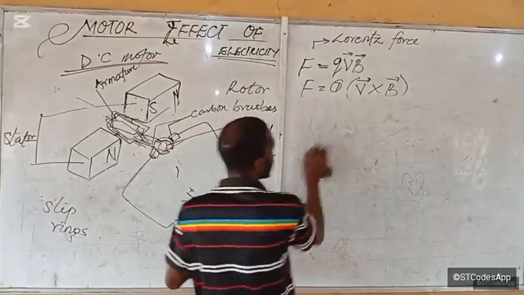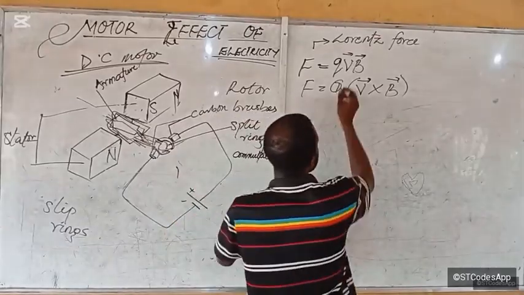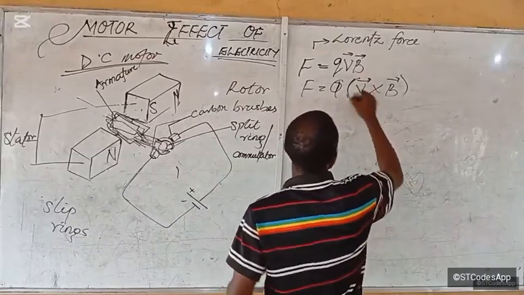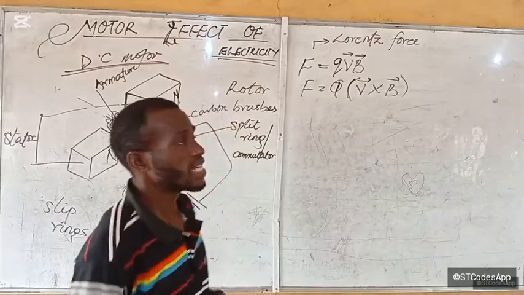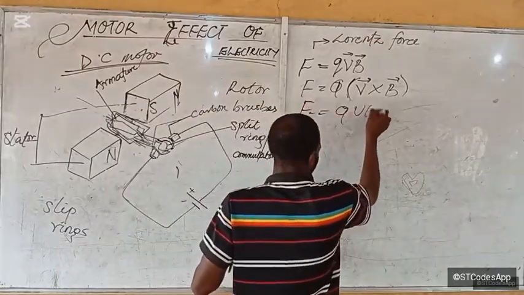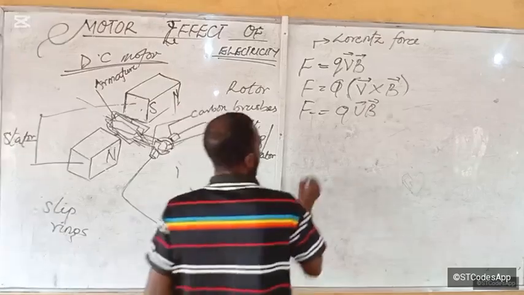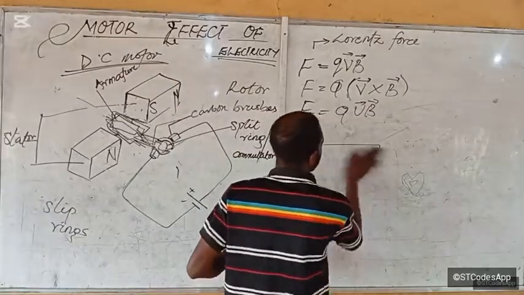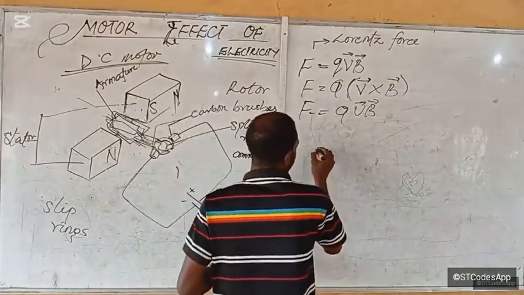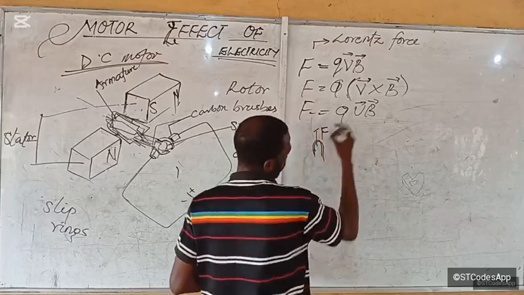Now follow me. You see F here is given as what? The Lorentz force, right? F is Q times V times B. Is that okay? Now, if we know that F is equal to QVB, we can also determine direction here too. There's also direction, yes. For example, we also use the Fleming left-hand rule. The only difference is now that your thumb will still be the force, the direction of motion.